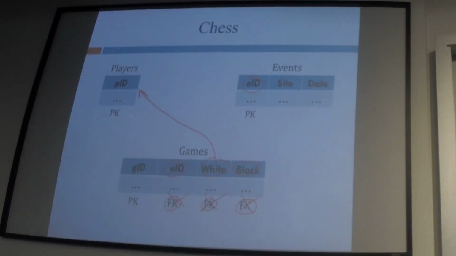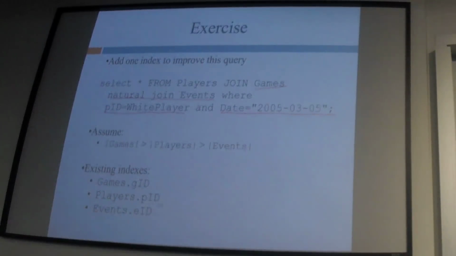They are going to refer to another column, but we didn't actually create the foreign keys in the table. Okay, so we have the primary keys of each, and we're saying games is greater than players is greater than events. So we can make up some numbers here. Let's say there are 10,000 games, 7,000 players, 5,000 events. And then our task is to pick one index to add that will speed up this query the most.